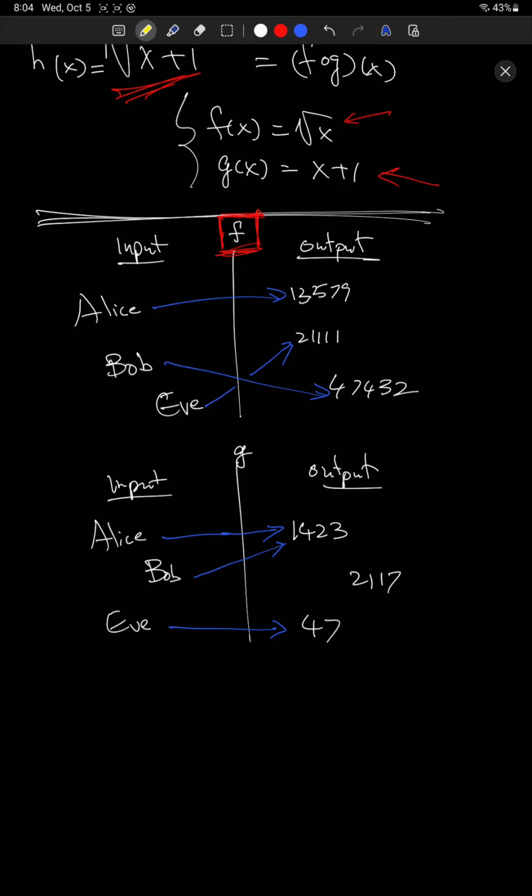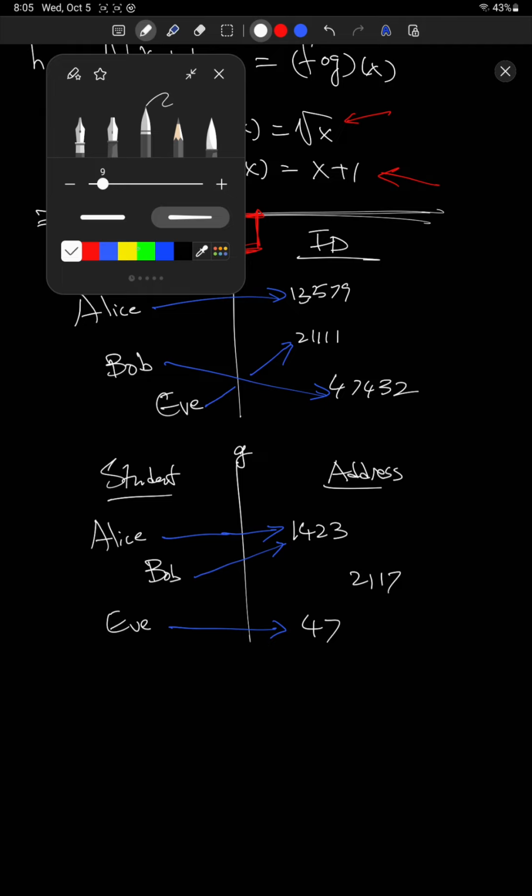Okay, so in fact, let me emphasize this by removing the input and the output in this picture. And let me just write over here student and then ID here. Let me do the same thing down here as well. Student, and this one was address. All right, so it's a more generic picture.